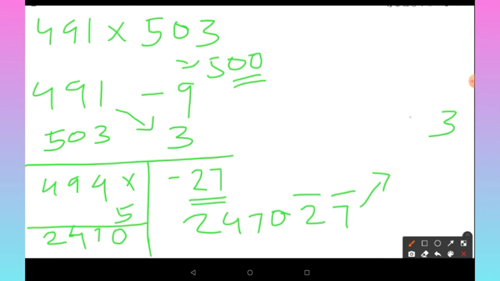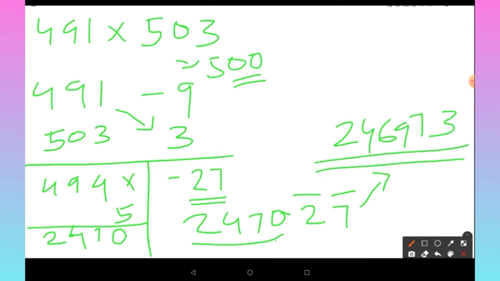So 9 minus 2, you will get 7. So no numbers with the bar. Then the other rule is that take the remaining number and subtract 1 from it. So 2470 minus 1, you will get 2469. So your answer is 246973. So 491 into 503, your answer is 246973. That is the answer.